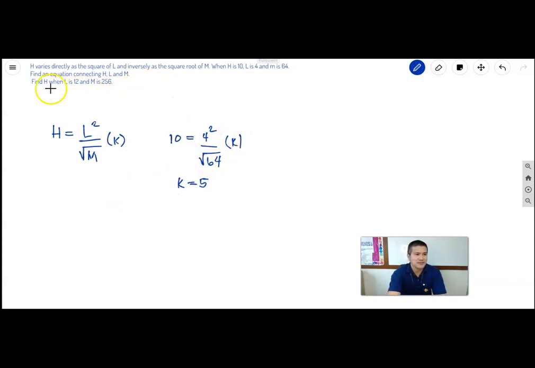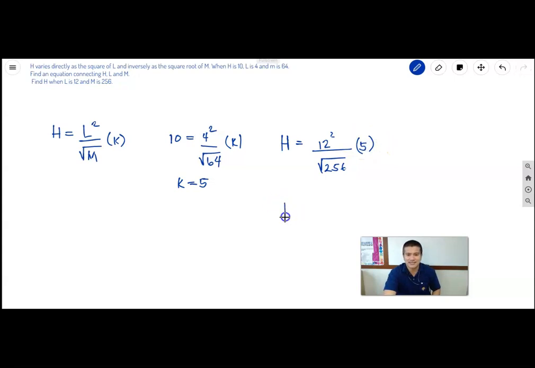Next question. Find h when L is 12. So we have h equal to, we are looking for h. L is 12, so therefore that is 12 squared over 256, we have 256 for M. And then the K, we'll just write it as 5.